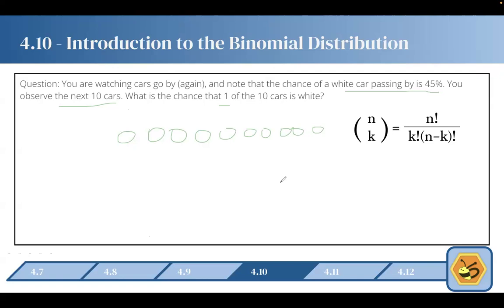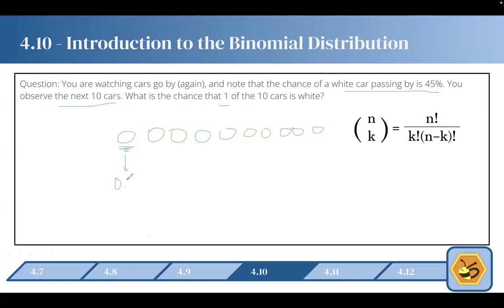So what we can say then is if one of these cars is white, say this car here was white, and the rest of them were not white, then remember, because they're all independent, this specific trial or this specific car had a 45% chance of being white.